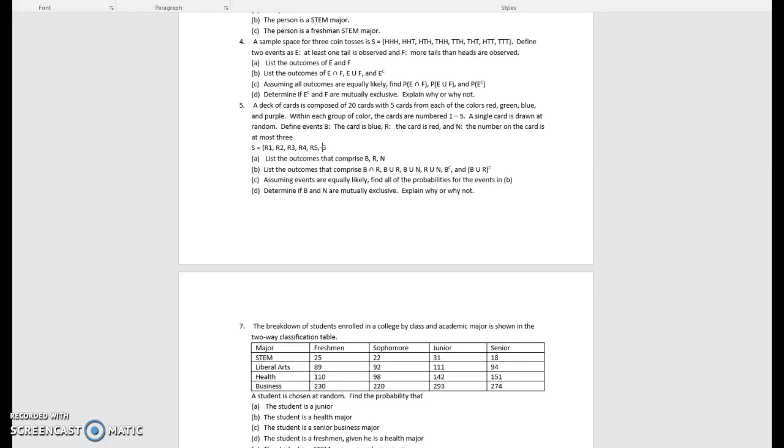And same thing for green: green 1, green 2, 3, 4, and 5. And then blue, blue 1, 2, 3, 4, and 5. And purple, we'll call that P: P1, 2, 3, 4, and 5. Alright, so that's our sample space.